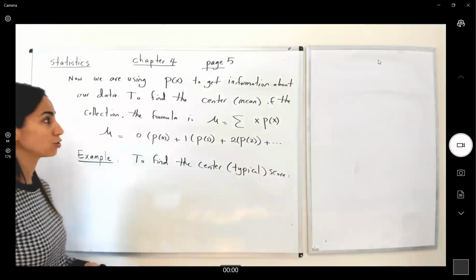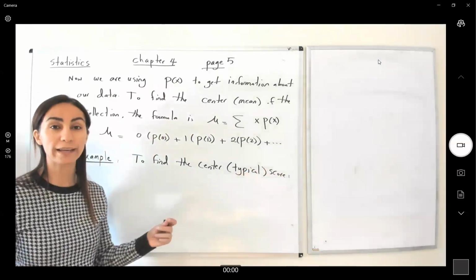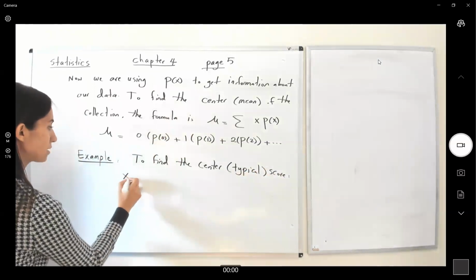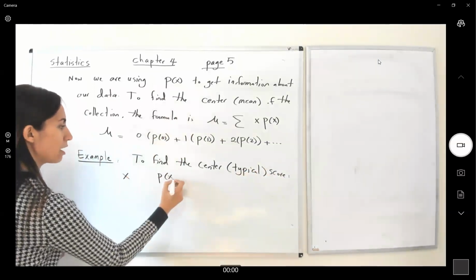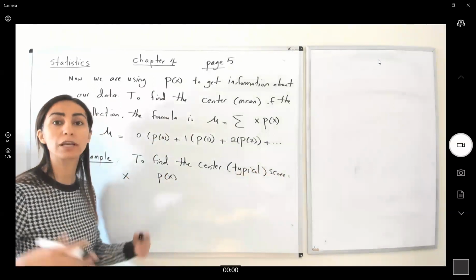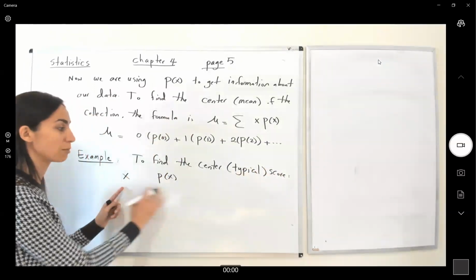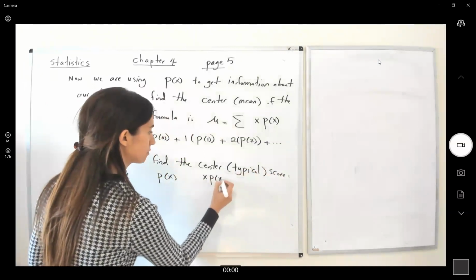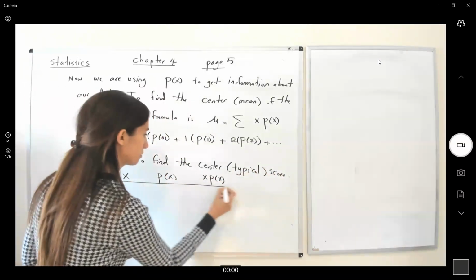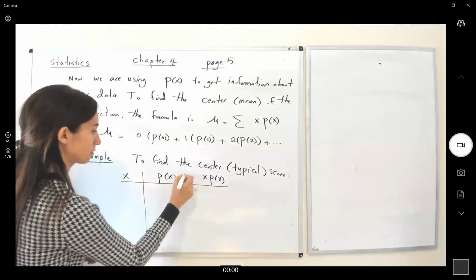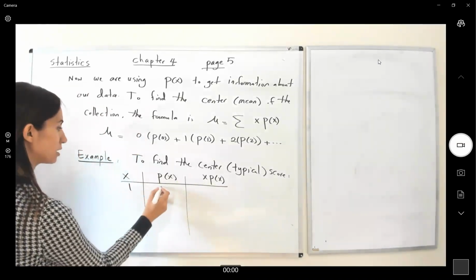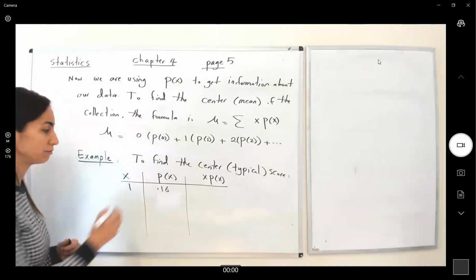As you know, you have to multiply each x by its probability. So your x, your P of x, and I'm going to construct a new column which shows the multiplication between x and P of x. My first x is 1, its probability is 0.16.